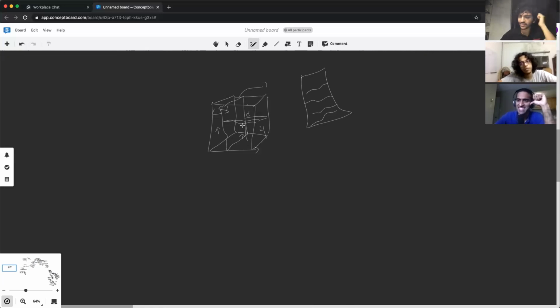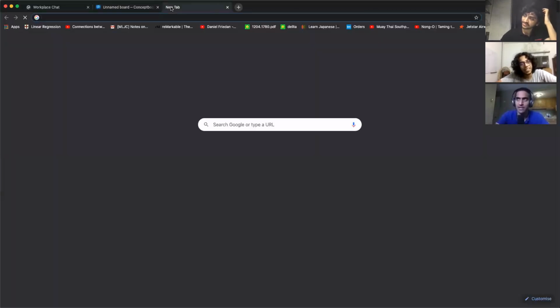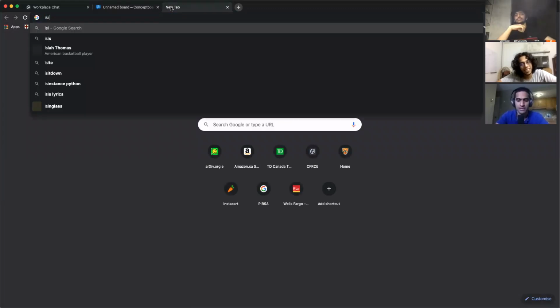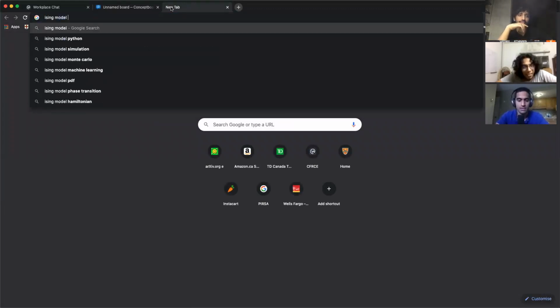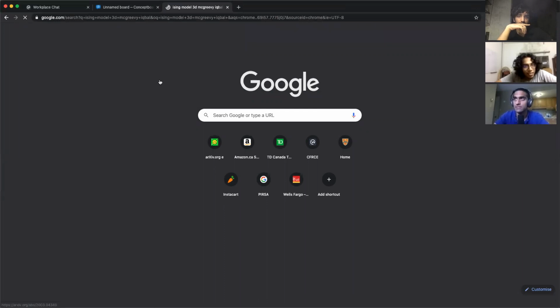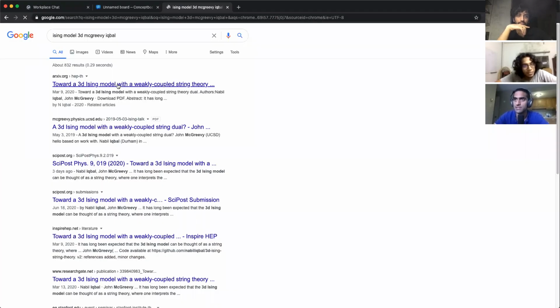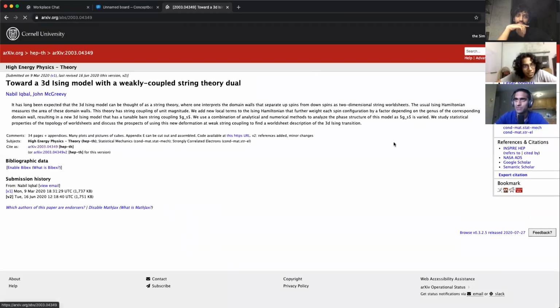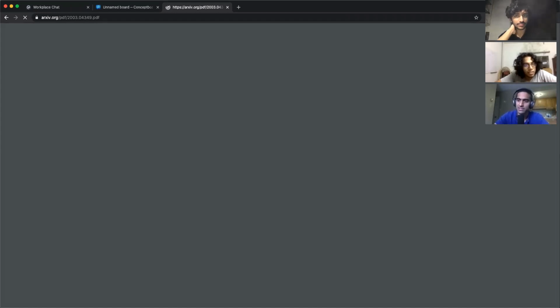There's this very nice paper by Creevy and Nabil. That was a very, very nice story where they actually show you how this ends up working. You can write down an actual string theory for the 3D Ising model.